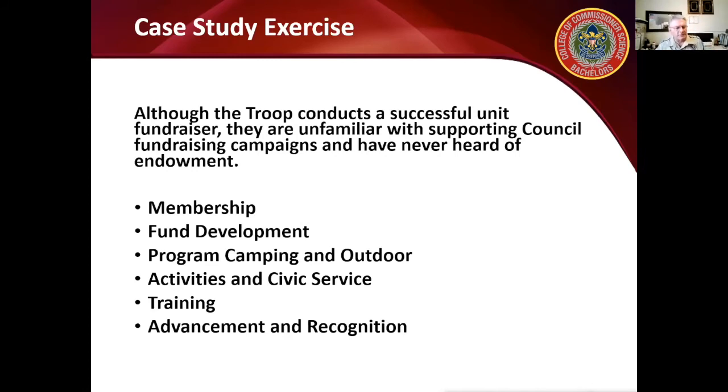Sometimes they use just the interest, and they keep the principal. So there's a lot of ways that people of wealth can help out the scouting movement. In fact, some of the camps that we have been donated in that manner. Yep, true. So, any other comments on this one before we move on?